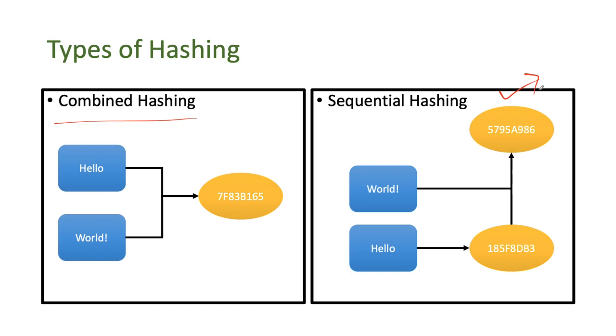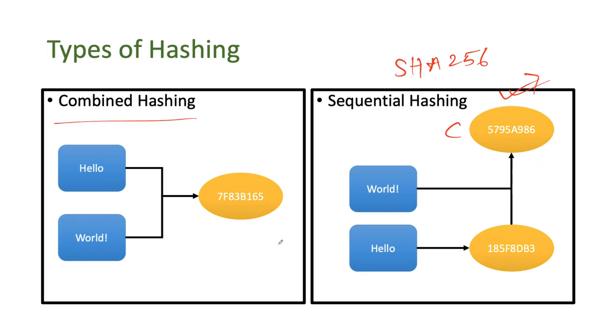In SHA-256, we followed the sequential hashing. Correct? Because the input message is hashed first. Whatever the hash value is there, that is concatenated with the new message, and these two are given as an input to the compressor function.